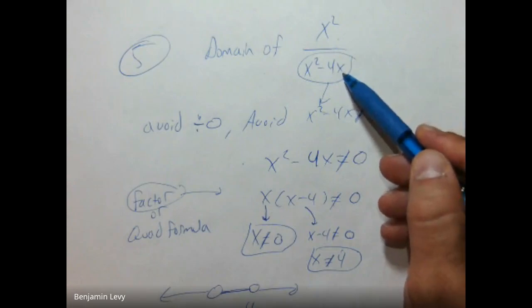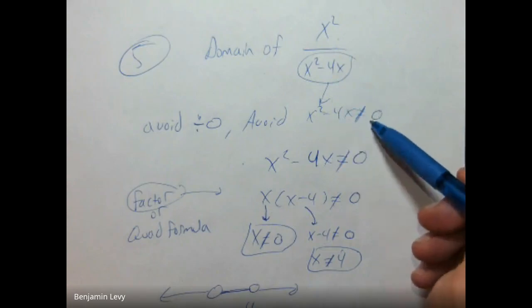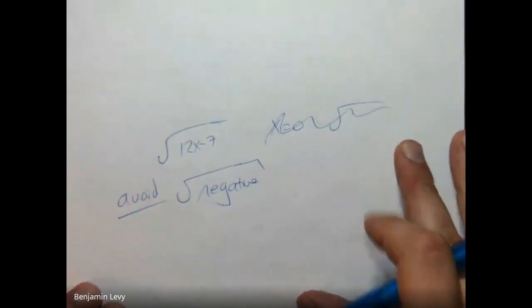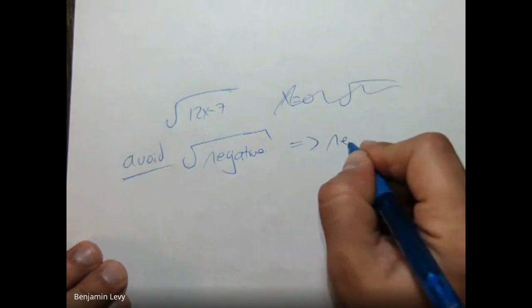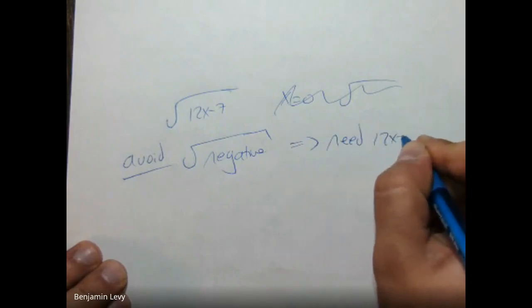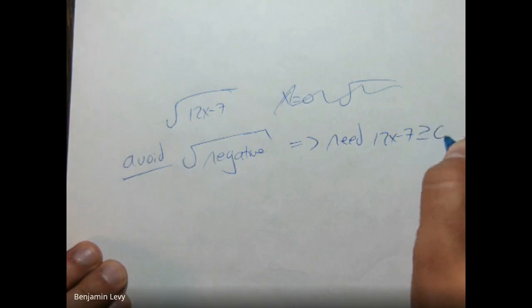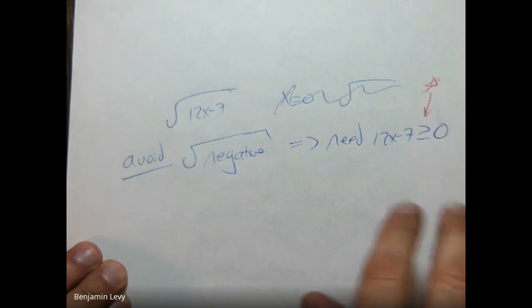So we were trying to figure out when does the denominator equal 0. That's why this was an equal thing. If we're trying to avoid square rooting a negative, we need what's inside there to be not negative. So we need 12x minus 7 to be bigger than or equal to 0, which is what I do in the solutions.